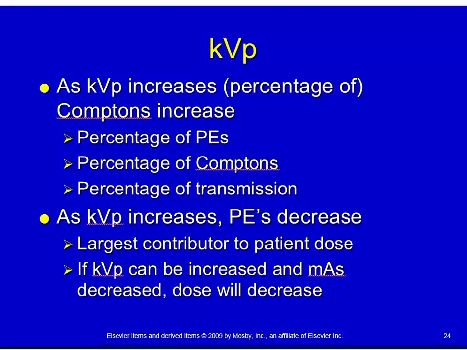If we increase kVp only, then patient dose goes up dramatically. If we increase kVp and reduce mass, increase our kVp by 15%, reduce our mass in half, then patient dose will decrease. It won't decrease by a factor of 2. It won't decrease by half, but it will decrease.